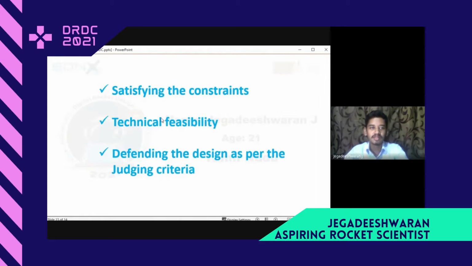From the slides we can see all the constraints are satisfied and the technical feasibility is also explained, that is, the component strength and dimensions we have shown. I believe I have defended the design as per the judging criteria provided in the problem statement given by STNX. So thank you.